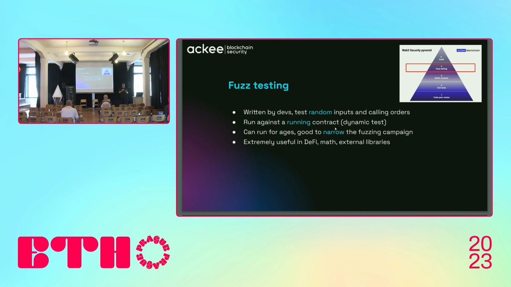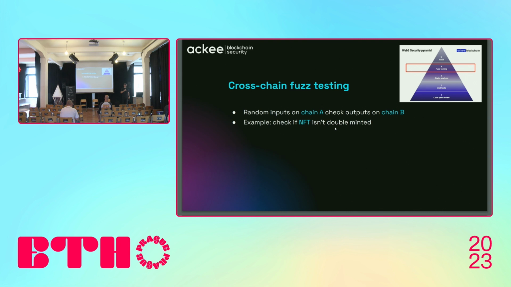And with this, basically, you can be quite sure, for example, in DeFi, on mathematics, that it covers some kind of undiscovered bad use cases or bad scenarios. And it's also good to test the external libraries, which is kind of a specific. And what we also do is a lot of cross-chain fuzz testing.